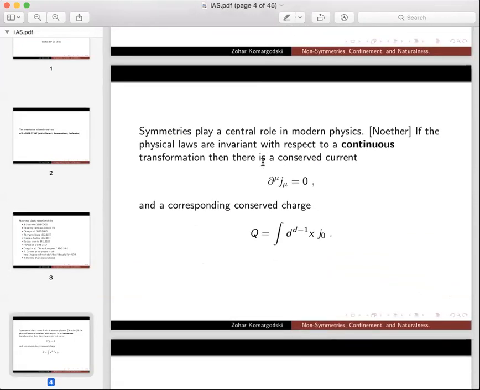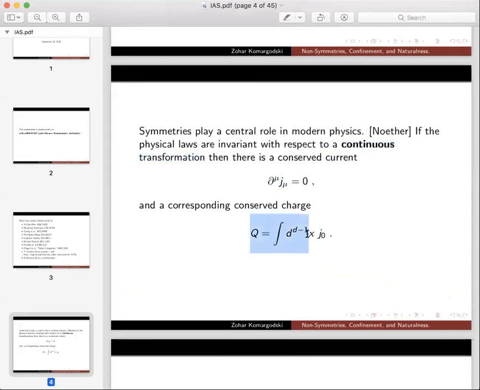Okay, so let me start with a very elementary introduction that will definitely be boring for all of you, but just to set the stage and the terminology that I'm going to be using. Of course, we know that symmetries are very important. The basic statement is the Noether theorem, which relates the existence of continuous transformations, or continuous symmetries, with conserved currents.